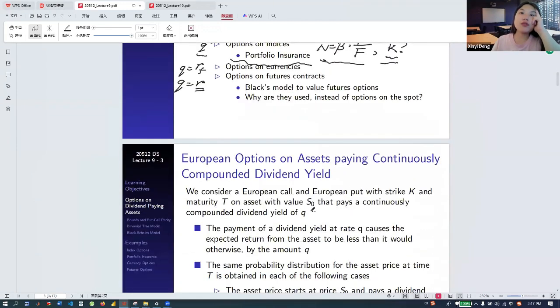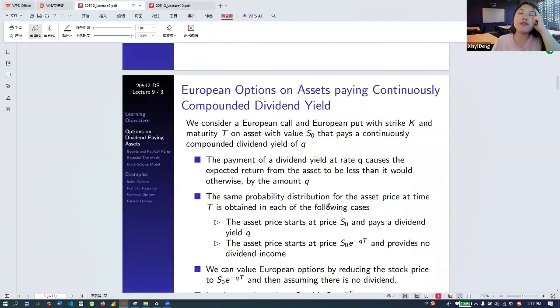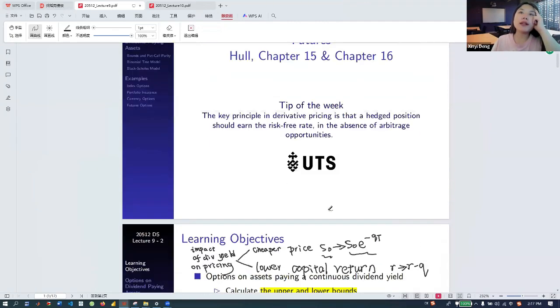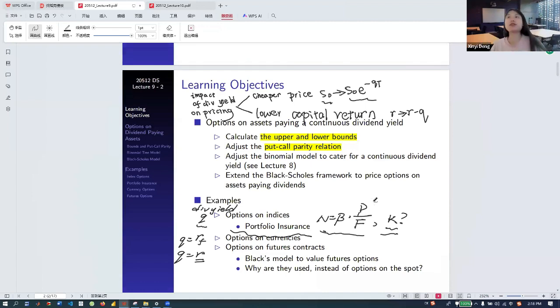Before I go to the content itself, let me quickly discuss the intuitions of the impact of dividend yields on pricing. There are two ways to think about the impact. One intuition is that the dividend yield can lead to cheaper prices, so as time evolves, the price trajectory is going to be lower.